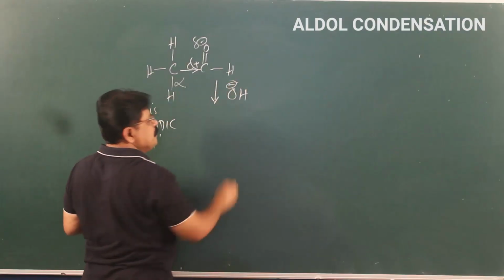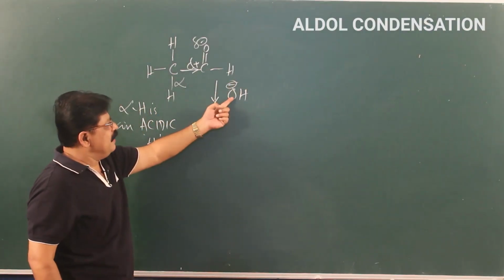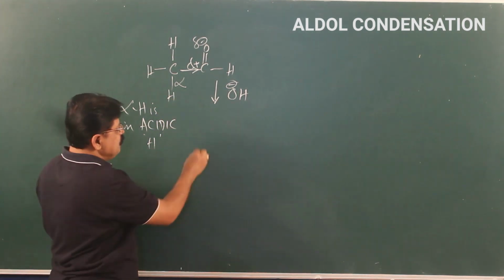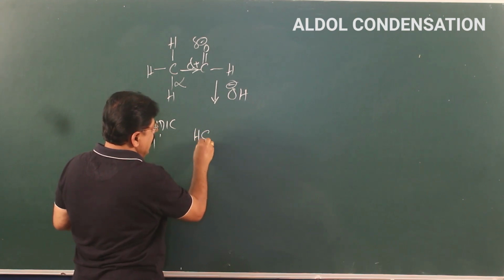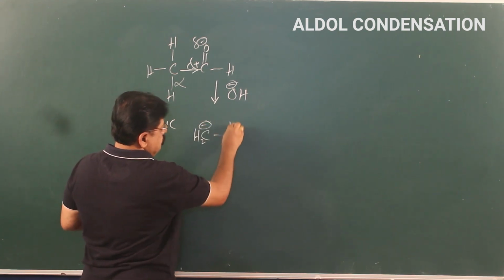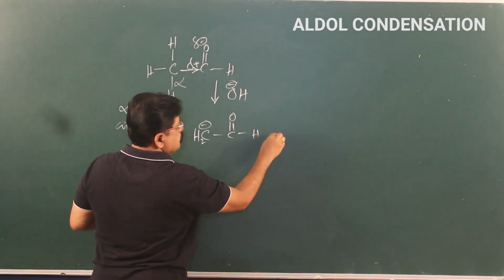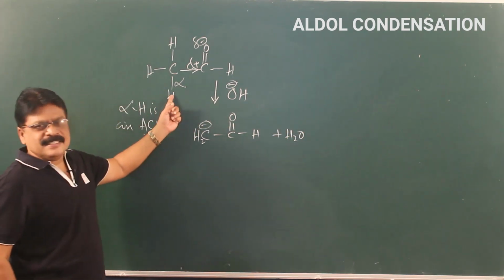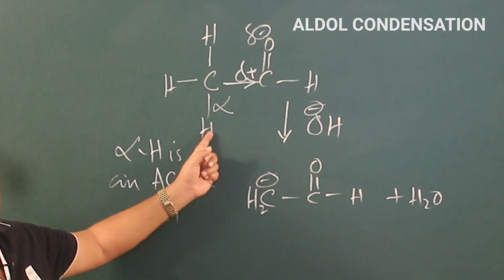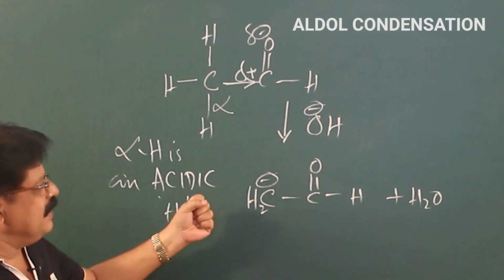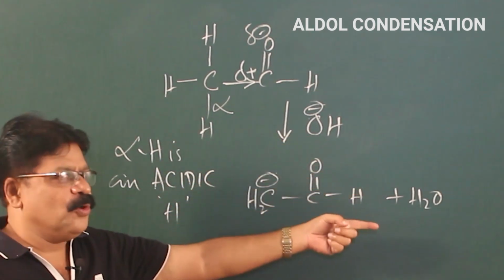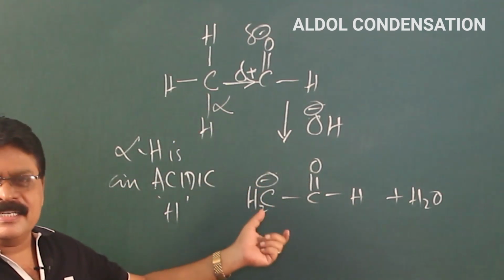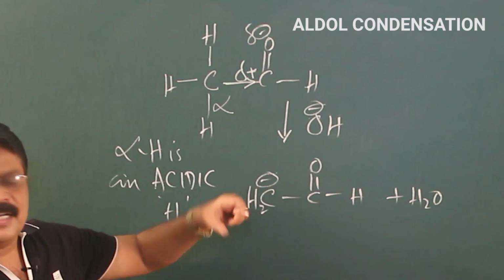From NaOH, the OH minus will very easily extract this H plus, resulting in the formation of a carbanion. So, that is the reason alpha H is necessary. The alpha H is extracted by OH minus to form water, and a carbanion is formed. This is the intermediate which is required for the next step.